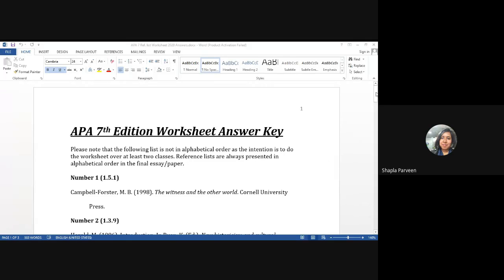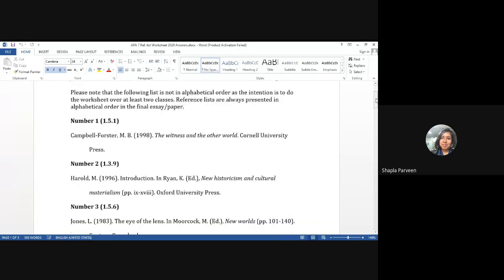Okay, so the answer is given. For the first one, you can see Campbell-Foster is the last name of the author, comma, M dot B dot, that's the initial of the first and middle name. Then in brackets, 1988 is the year of publication. And then the name of the book is The Witness and the Other World.